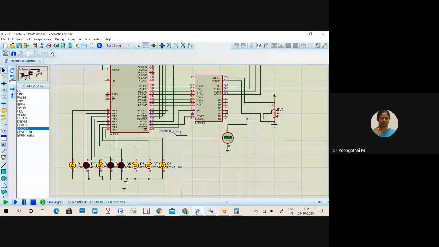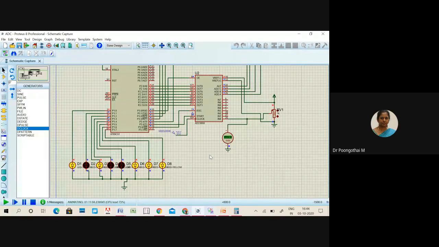So please note the connections. You have to simulate this circuit and submit the input voltage. In the tabulation, the input volt values vary from 0 to 5. You also have to observe the converted digital value.